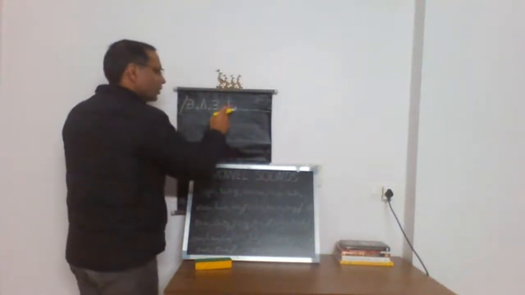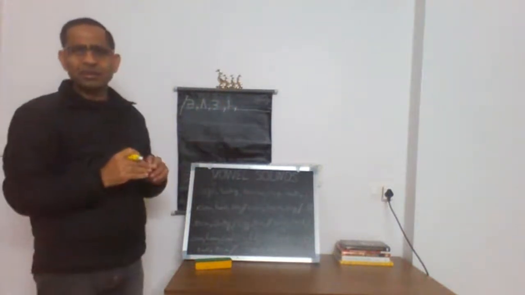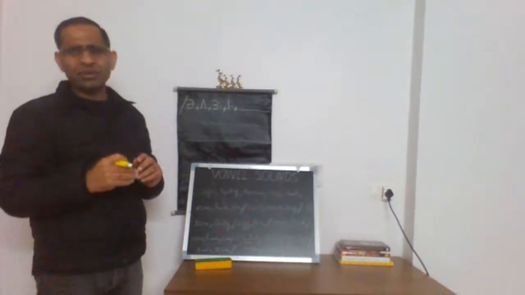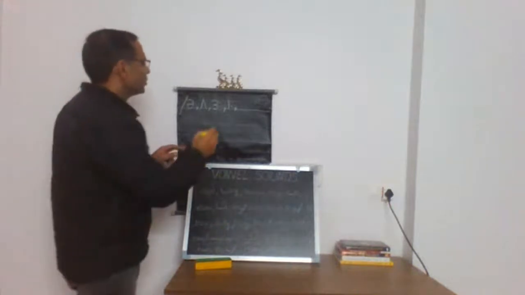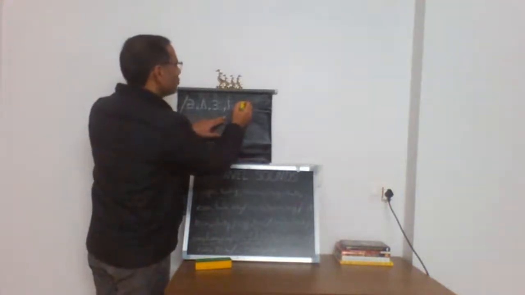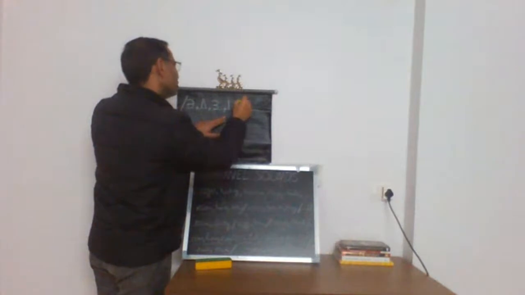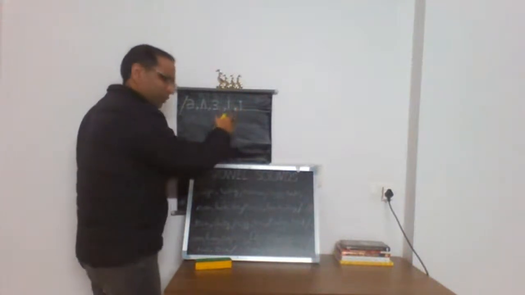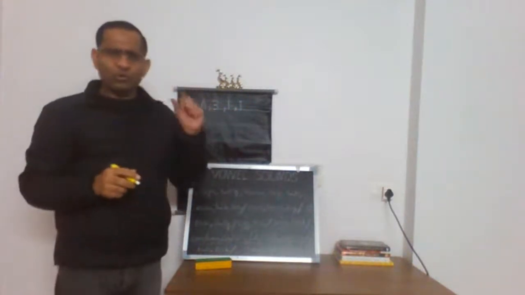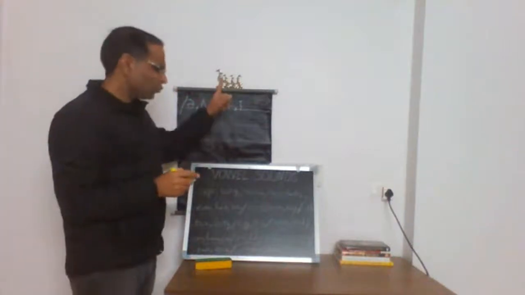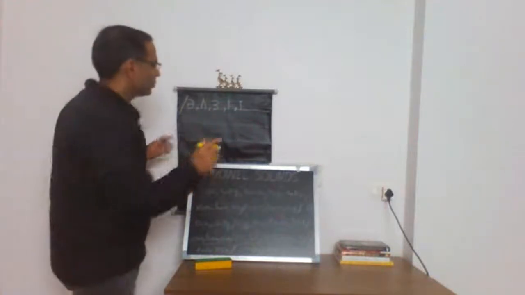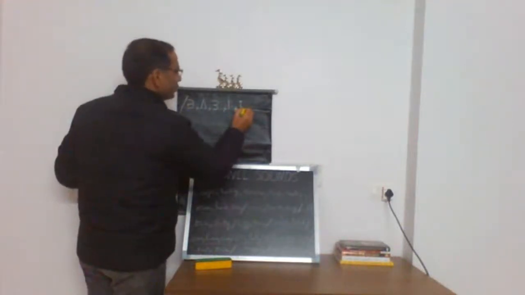It is e, like beach, heat, creek, beat. Now the small e sound. When we write the symbol for short e sound, we have just one vertical line and it has no dots above it or below it.